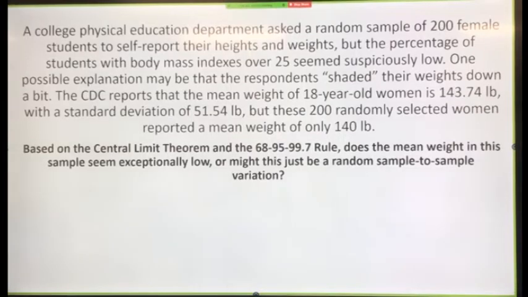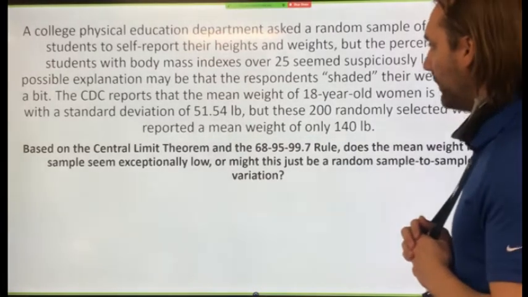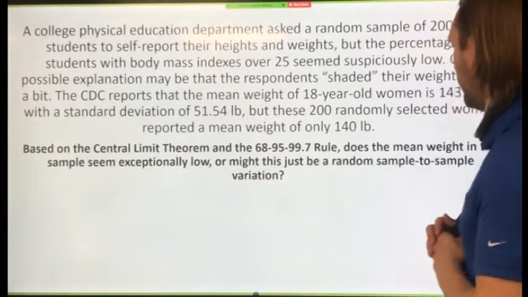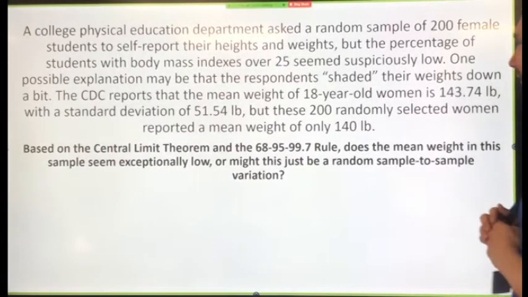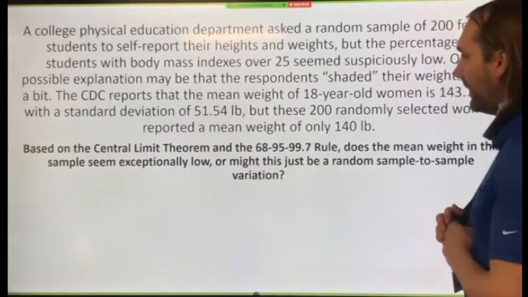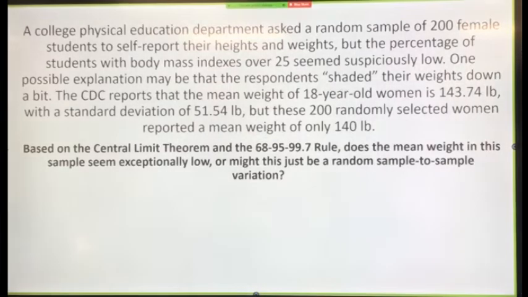The CDC reports that the mean weight of an 18-year-old woman is 143.74 pounds, with a standard deviation of 51.54 pounds. But these 200 randomly selected women reported a mean weight of only 140. Based on the central limit theorem and the 68-95-99.7 rule, does the mean weight in this sample seem exceptionally low? Or might this just be random sample to sample variation?